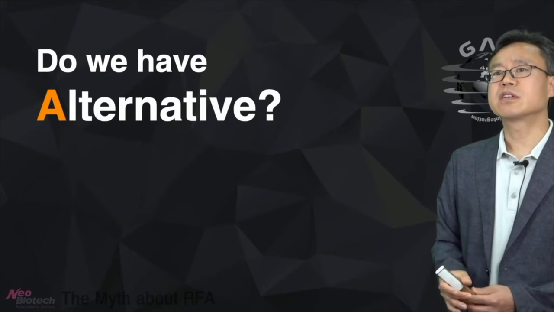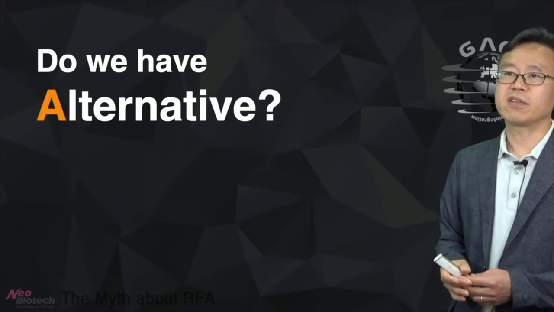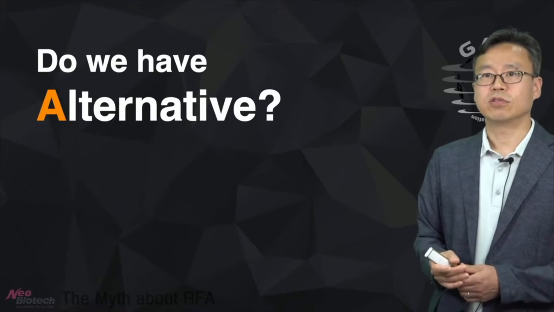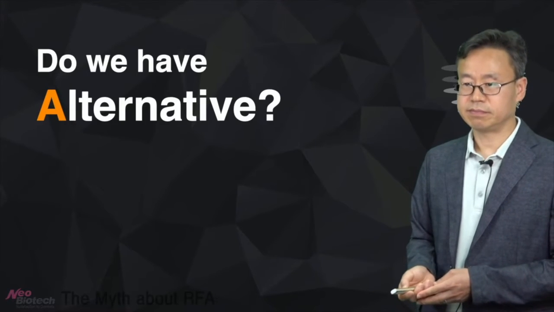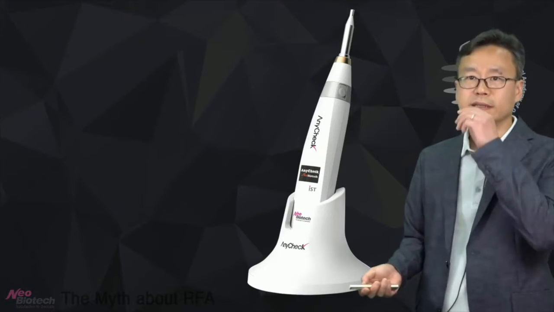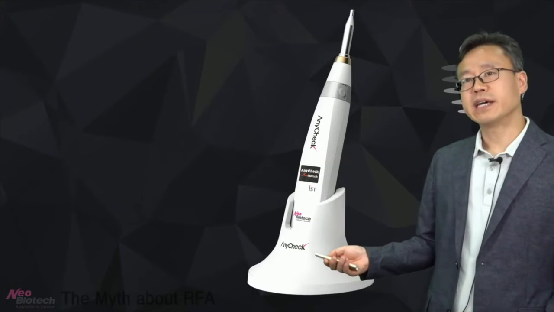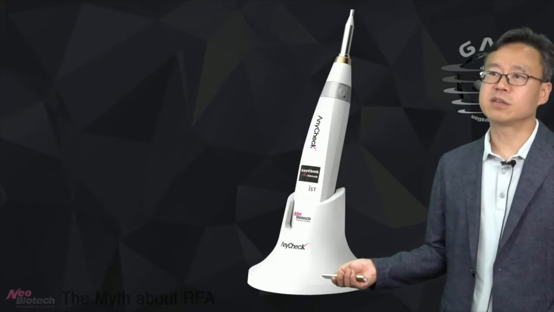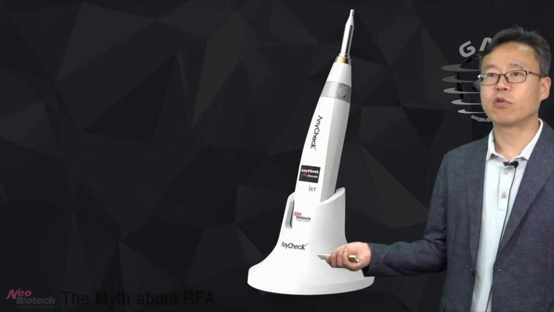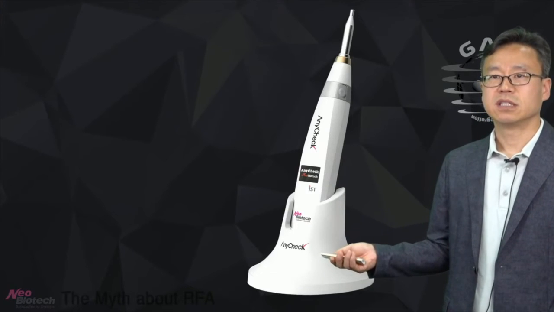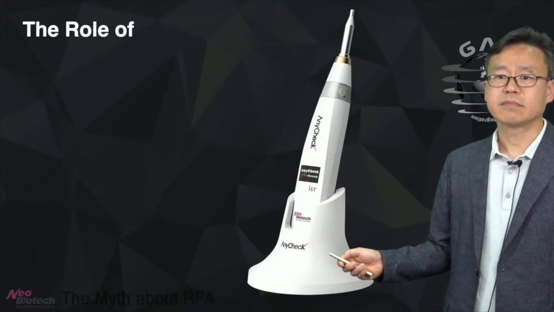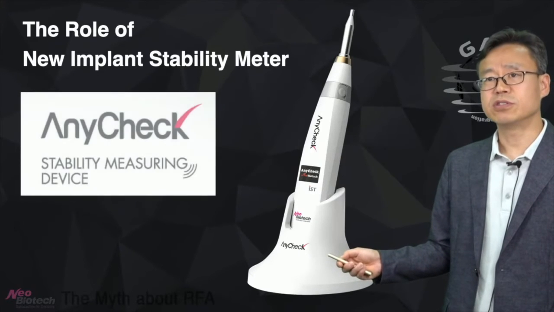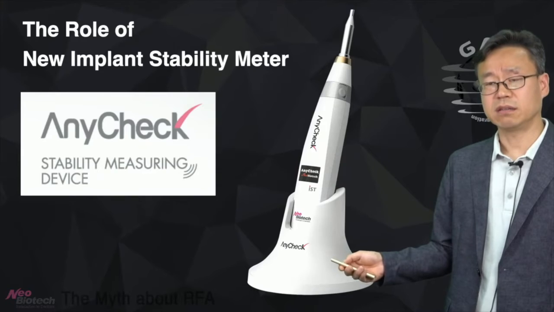Okay, we've discussed the problems of RFA so far. So the question is, do we have an alternative? Neobiotech came up with a new implant stability meter about 3 or 4 years ago. It's called AnyCheck. So let me briefly introduce this instrument to you today.